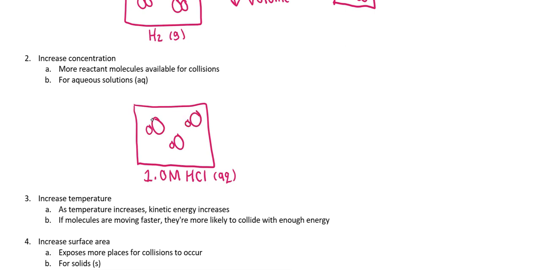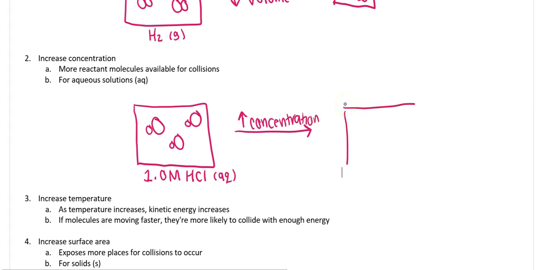And let's just pretend that was my 1 molar solution. And now I can increase the concentration. Well, that means I'm going to have more moles in the same amount of volume.